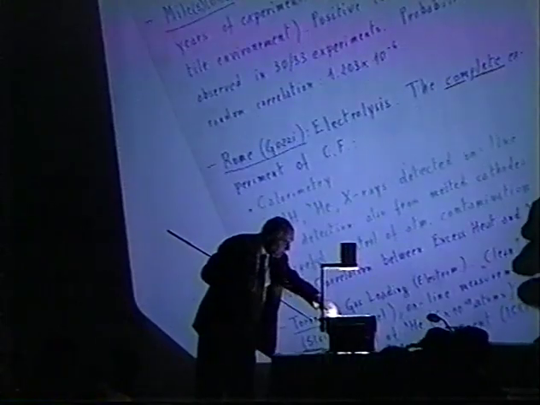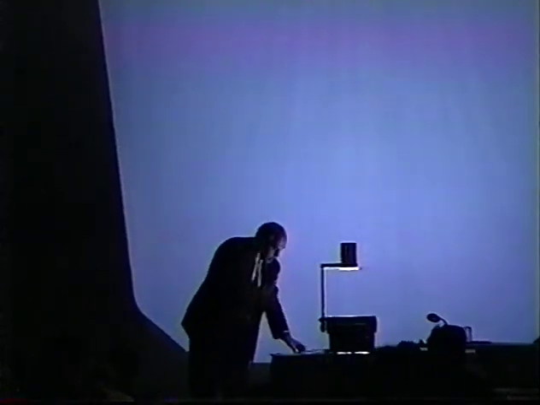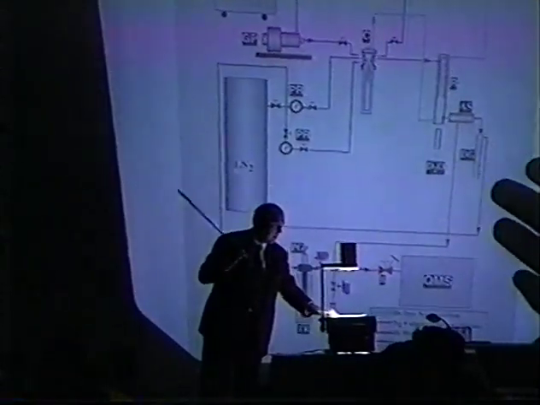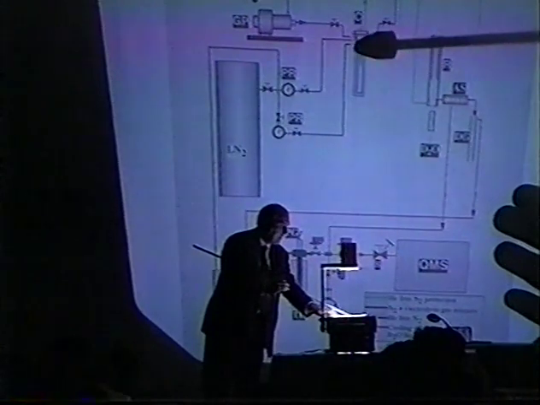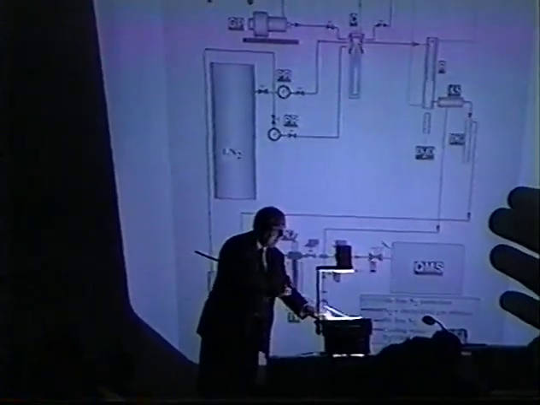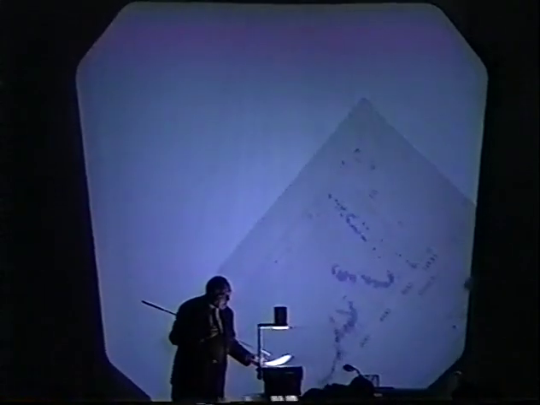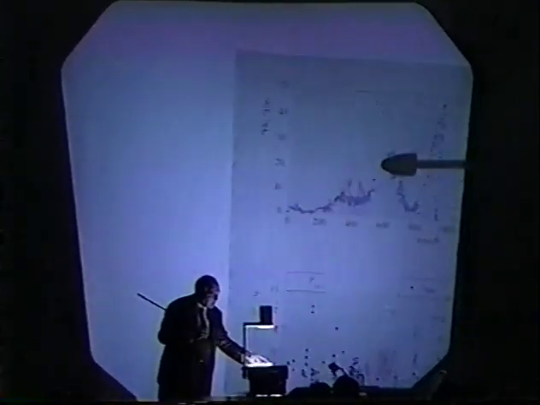Now, I have not much more time, but I will simply flash an idea of how well performing the Rome experiment is. This is a 4-cell setup; practically all this part is duplicated for each cell. A big amount of work was devoted to studying the temporal evolution of the helium detection, because it is a sampled detection.